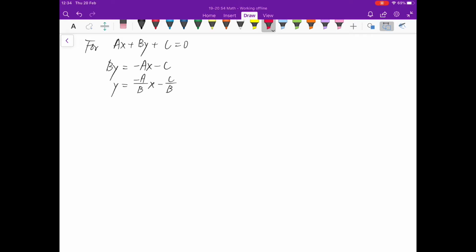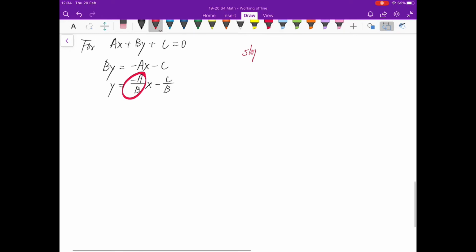As you can see, now it is the slope intercept form. So this negative a over b is representing the slope. And next, this negative c over b is representing the y-intercept.